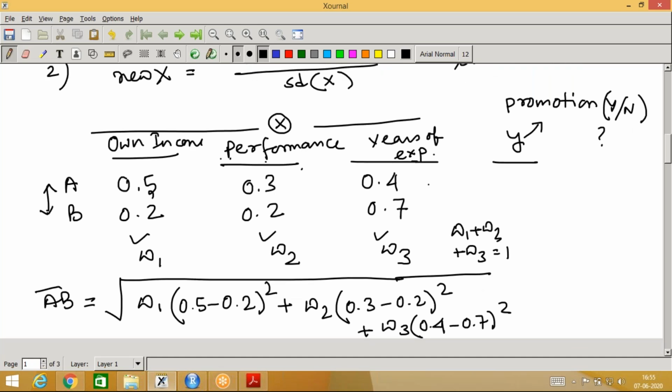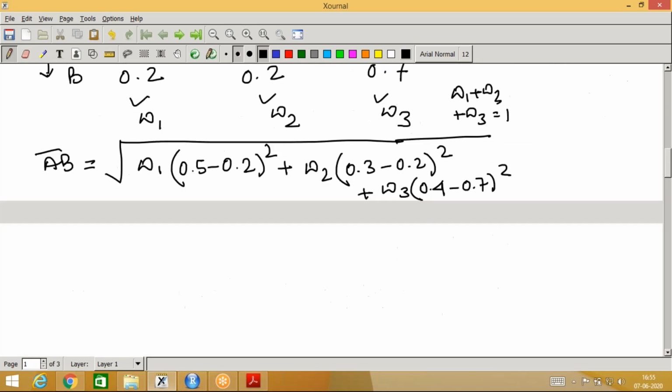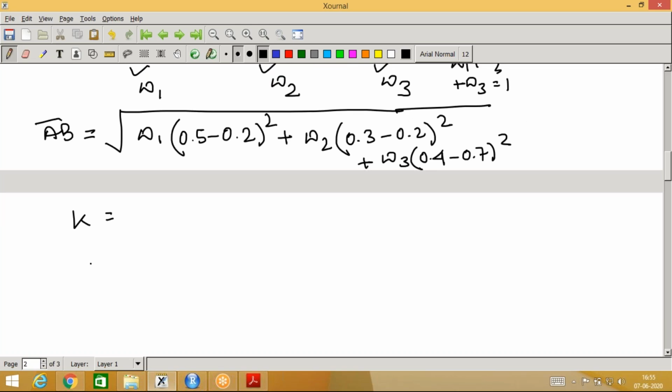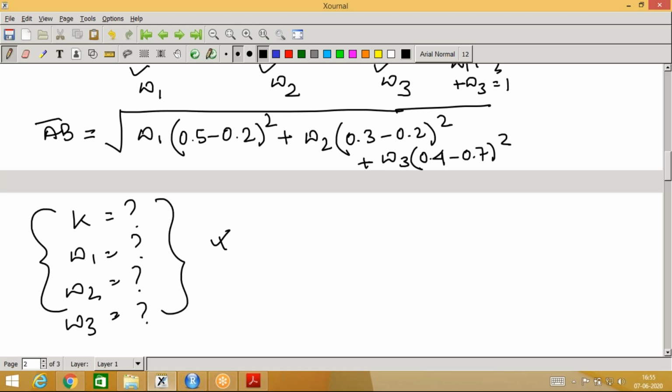Like you do not know for which K you will get the best result, you have to also keep on changing W1, W2, W3. You have to find out for which values of these you will get the best result. So you can run a loop and find out at what level it is optimizing. So that's what they do.